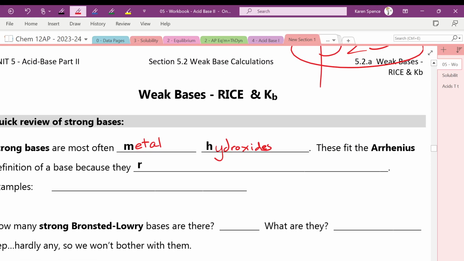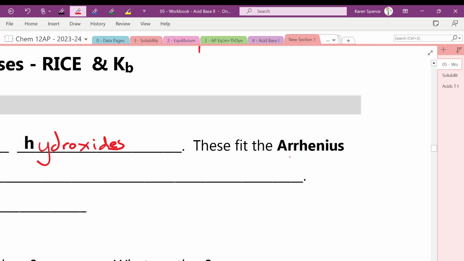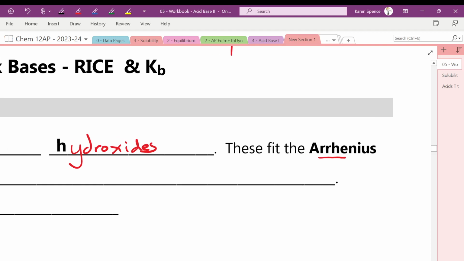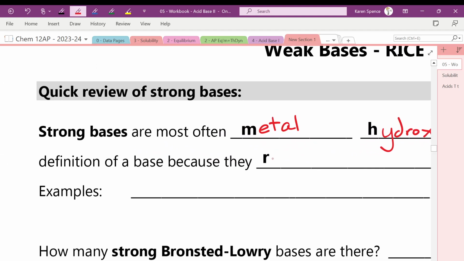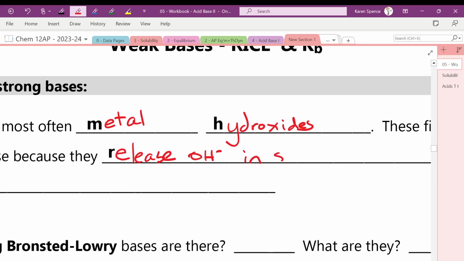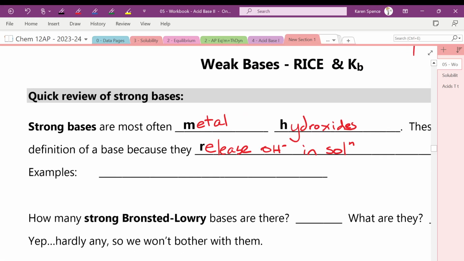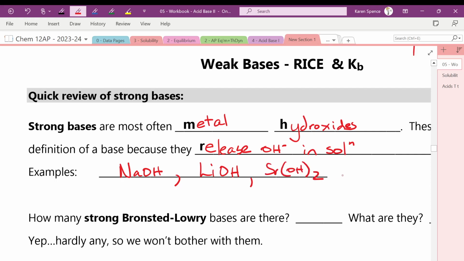These fit the Arrhenius definition of bases because they release OH minus in solution. Can you think of an example? NaOH, LiOH, SrOH2.